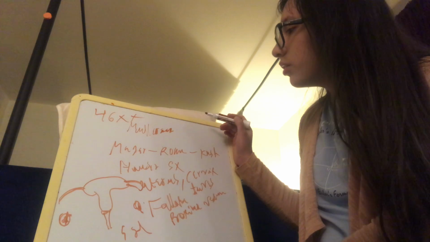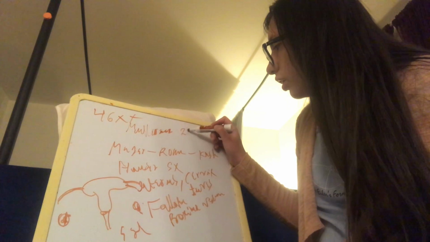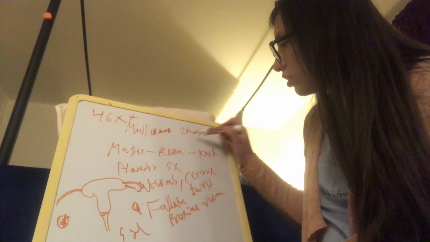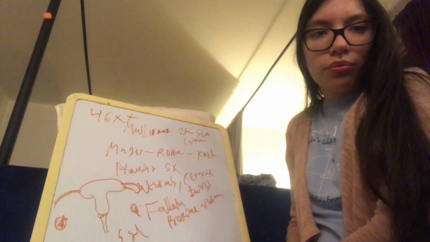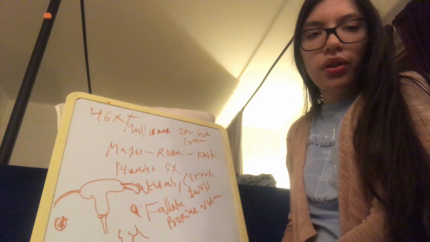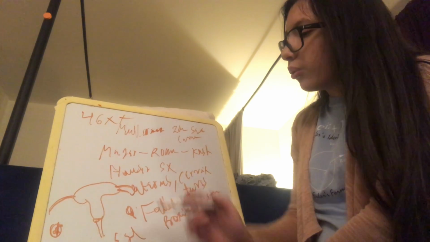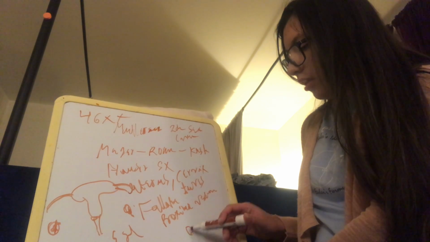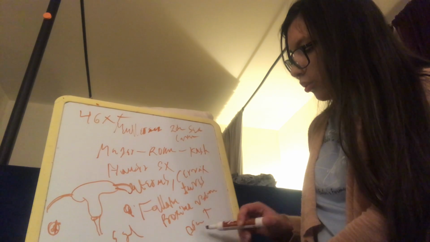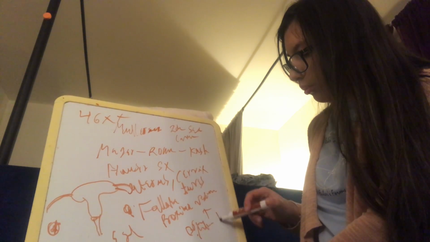So the patient will have the secondary sexual characteristics that are the result of estrogen, but they would not have the uterus. So here you could say breast, yes, but uterus, no.